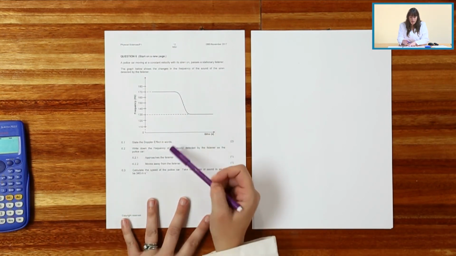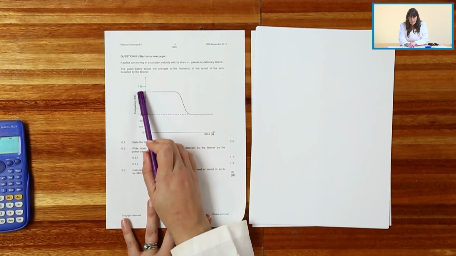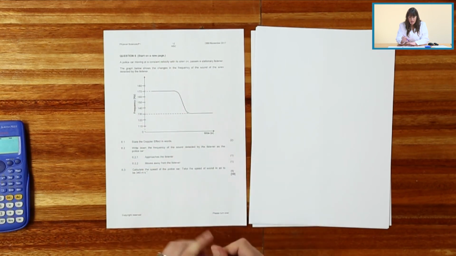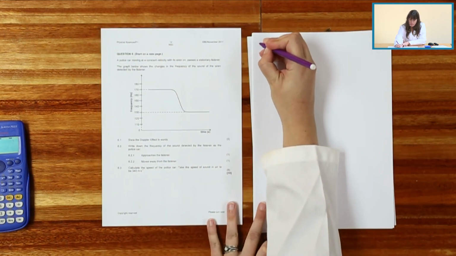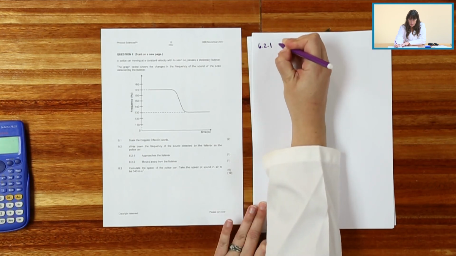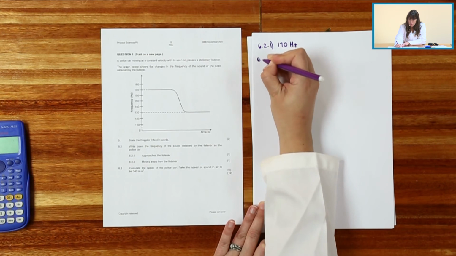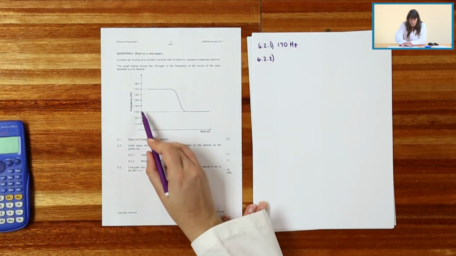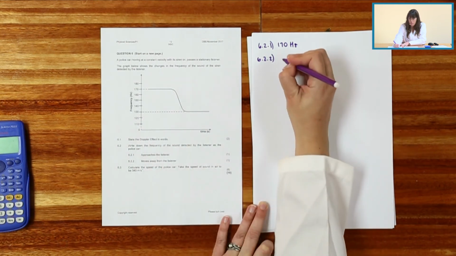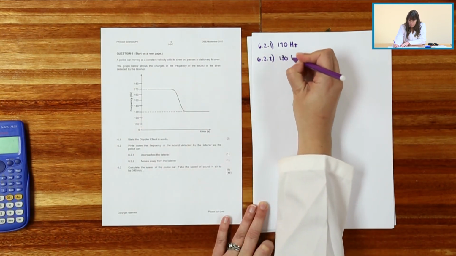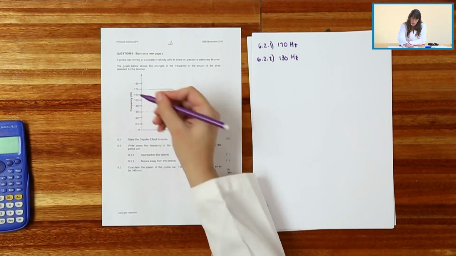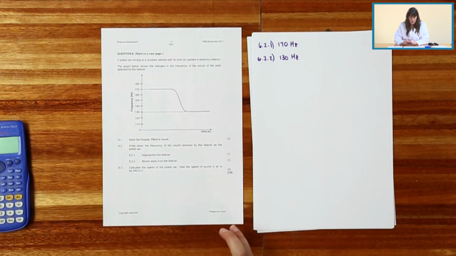So looking at our graph, our higher frequency that's detected is 170 hertz, and so the answer to 6.2.1 is 170 hertz, and the answer to 6.2.2 is the lower frequency that was detected, which was 130 hertz. Always double check the units that are given on the graph.